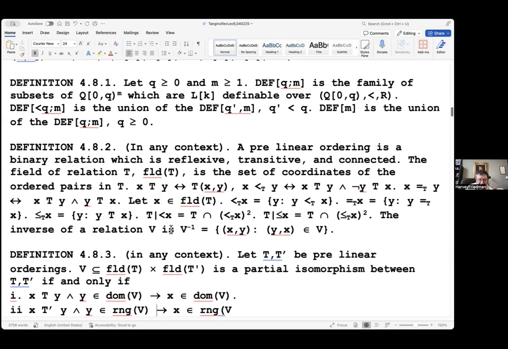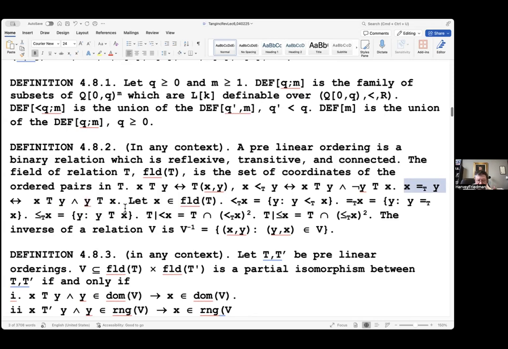And xty means t of xy and so forth, the standard notation. It's important to realize that the equality relation may not be identity, as x is equal to y if and only if xty and ytx.